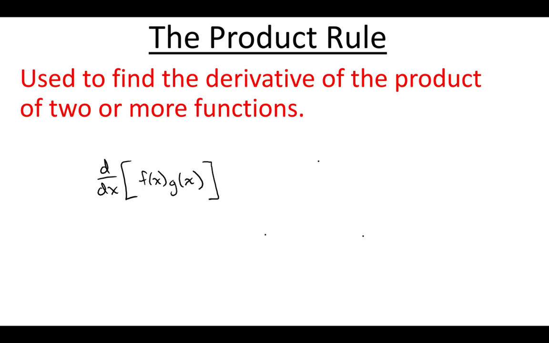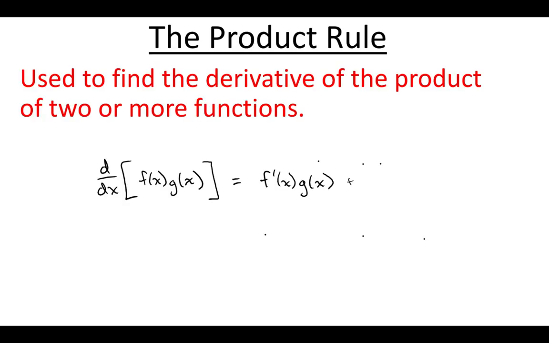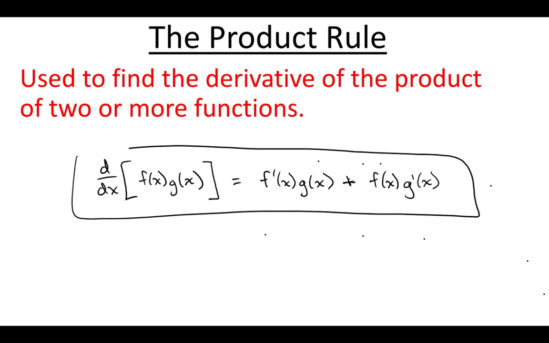But if we're asked to find the derivative of the product of two functions here, f of x times g of x, the derivative of this is going to be f prime of x times g of x plus f of x times g prime of x. So that is how we compute the derivative. We do the derivative of the first function times the original second function plus the original first function times the derivative of the second function.